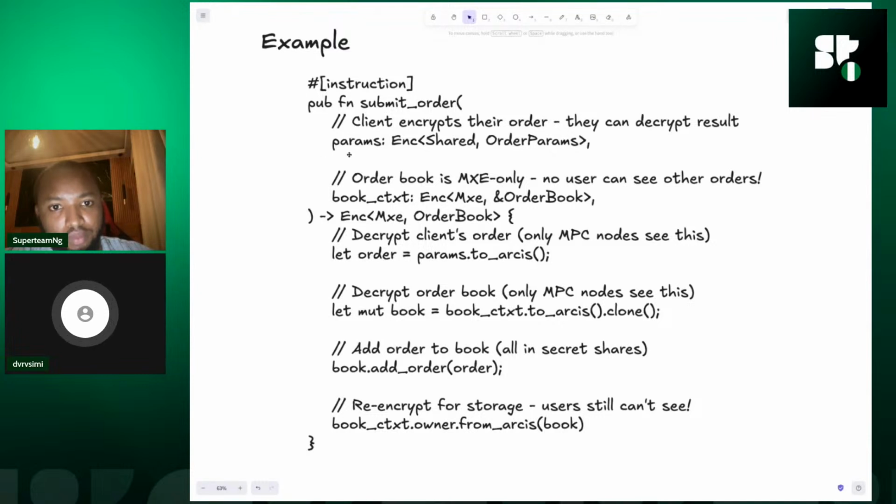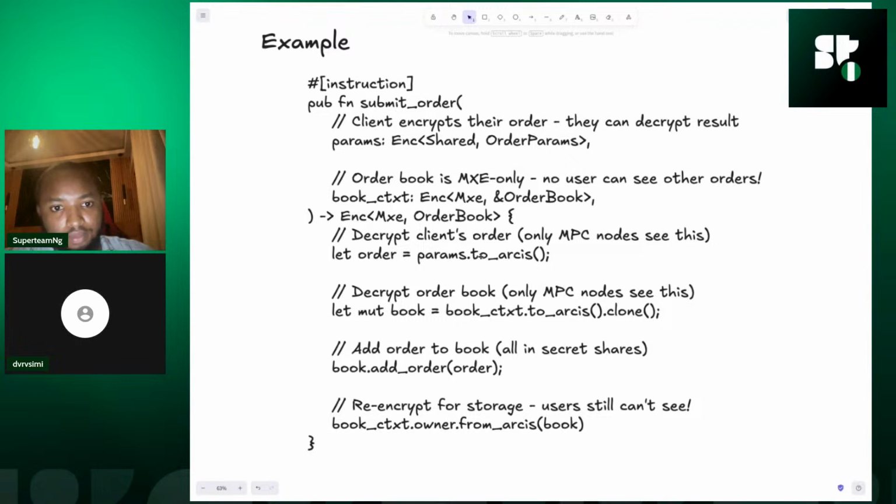These parameters are, say, you want to buy USD at 10, all of that information, and TVL, any setting you want to do. These are shared. Any other user cannot see it, but you, as a user, can basically do anything on your own. But MXC types are pretty much hidden from every other person.